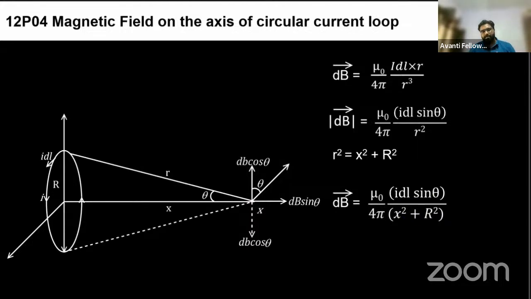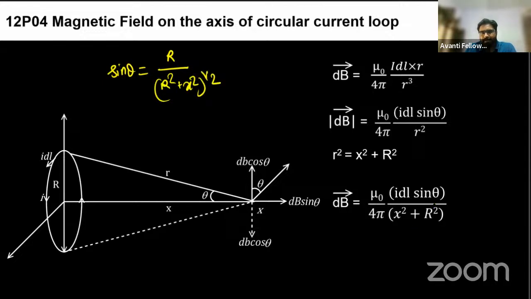ठीक है, now this is the final way, this is the final expression for all the values. Now you put the value of sin theta. Sin theta is what? Perpendicular R over hypotenuse, which is R square plus x square raised to the power half.